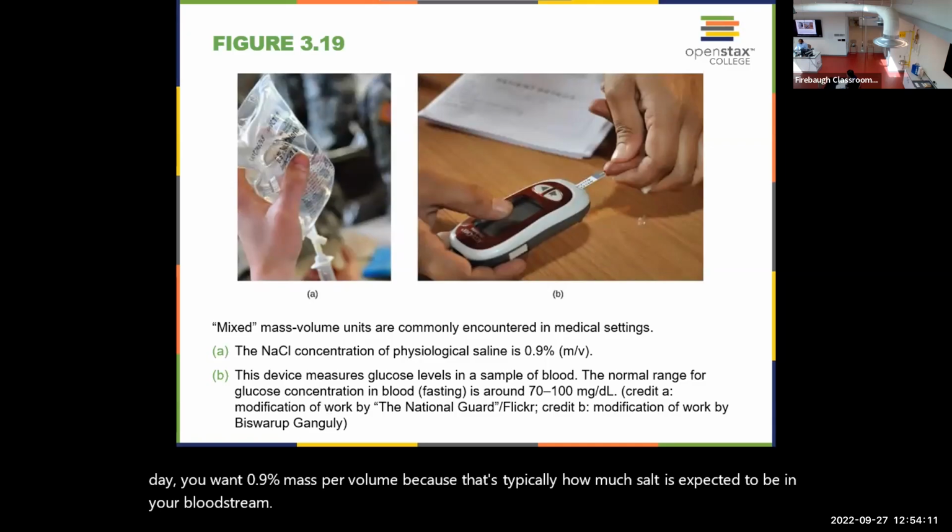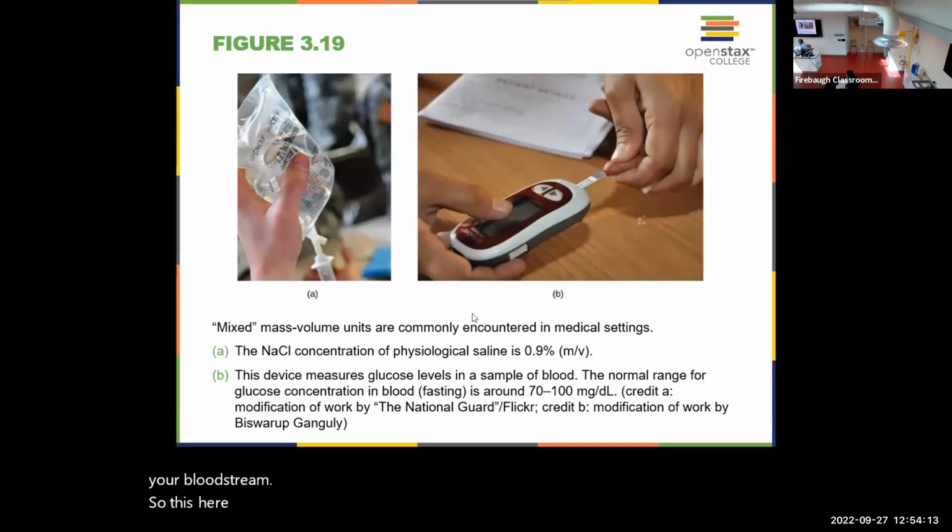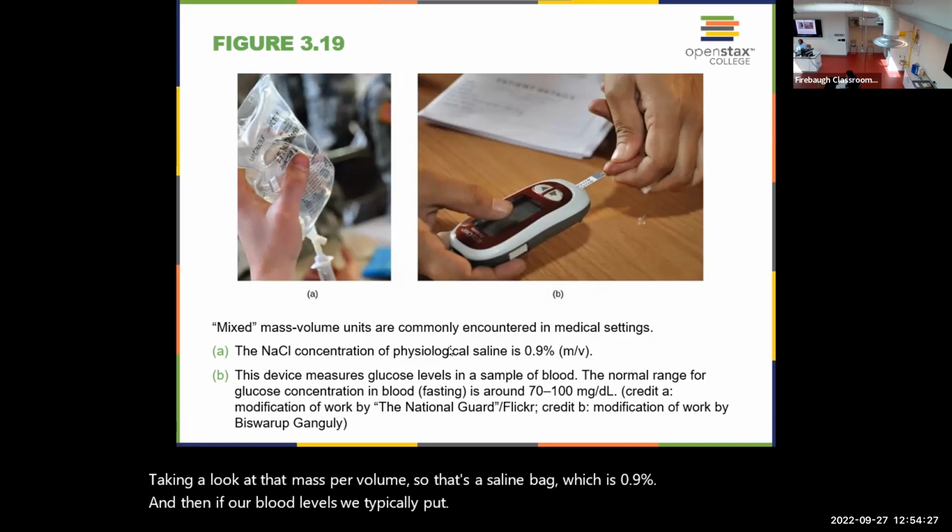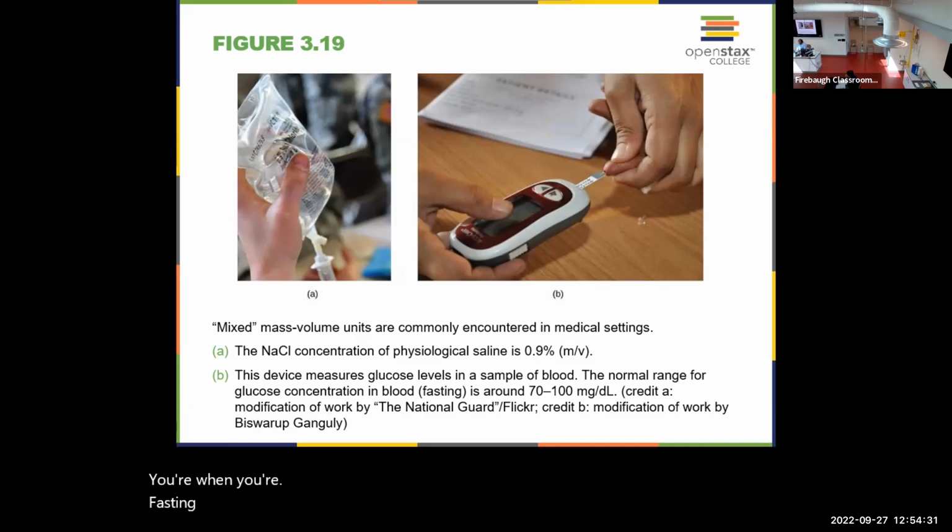So this here is volume. That's the same bag, 0.9%. And then typically your capacity should be around 70 to 100 grams per deciliter. So that is another example.